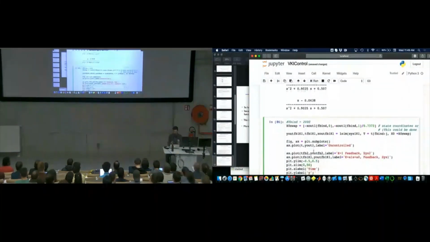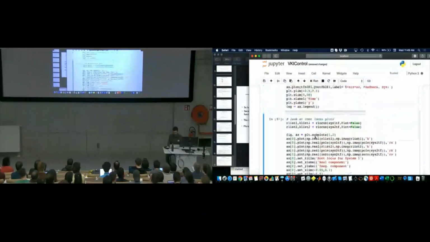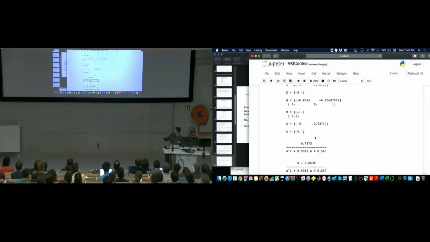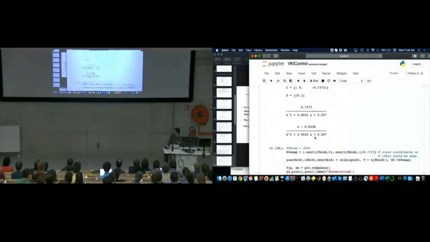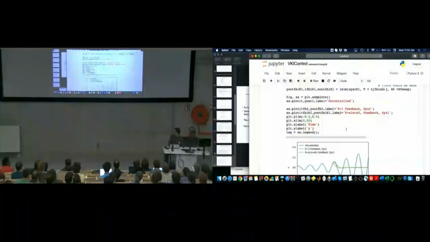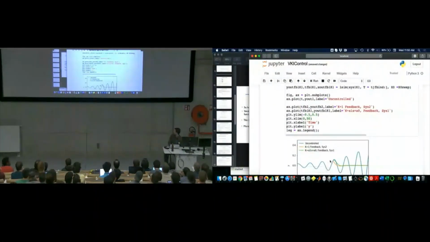There's a technicality here: to do this feedback, I had to go to transfer function notation because Python doesn't like non-proper systems in state space form, and then I had to adjust my state because it changed. But that's minor, and when I simulate this system, I now have a stable response for both of my systems. So that's nice.